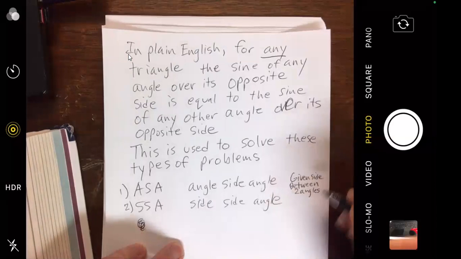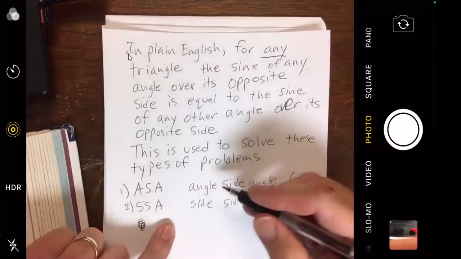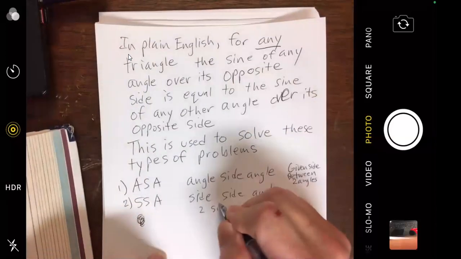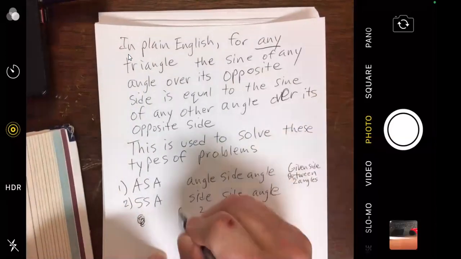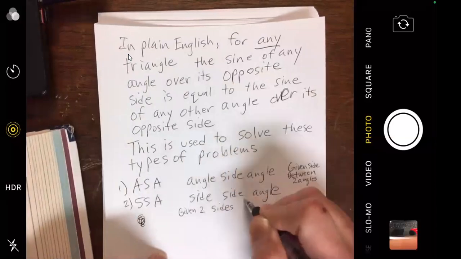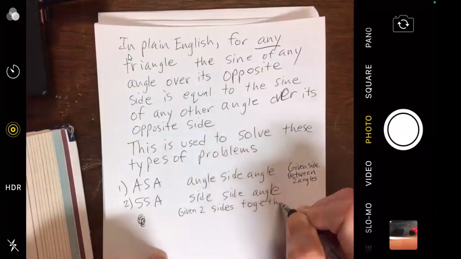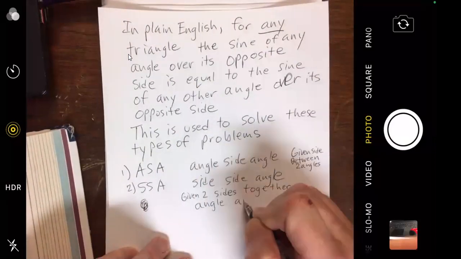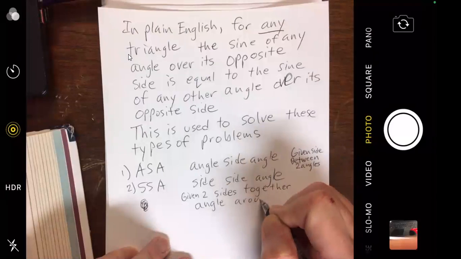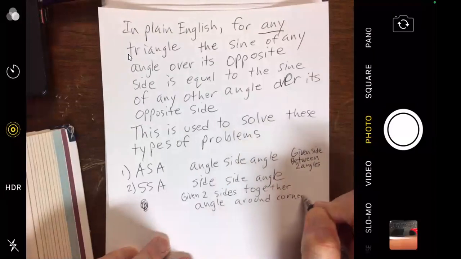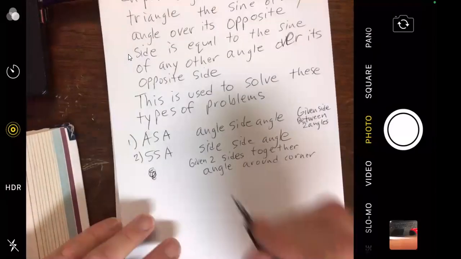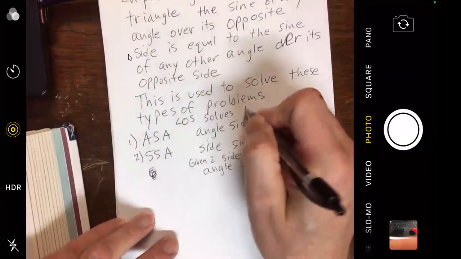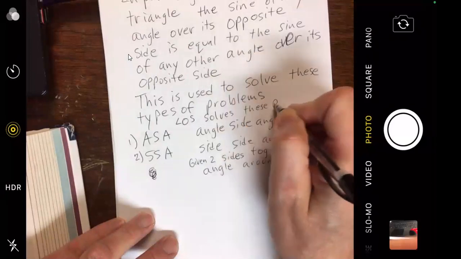Here you're given two sides together and the angle is around the corner. LOS solves these problems.